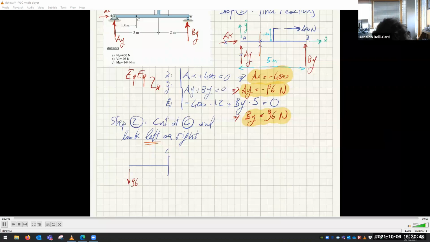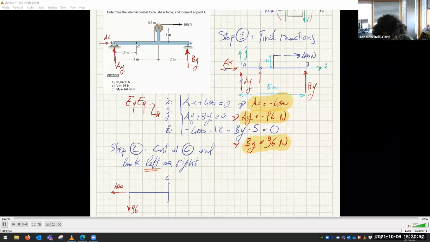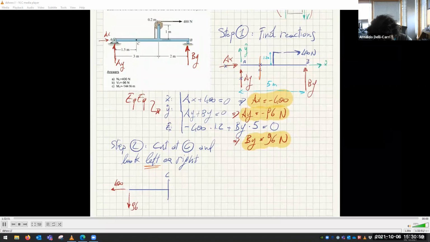AX is minus 400. So we have this 400. And this distance between A and C, this distance here, is 1.5 meters. All right, there you go.